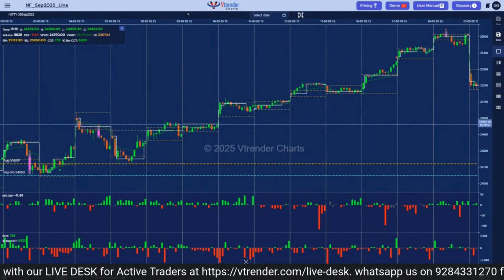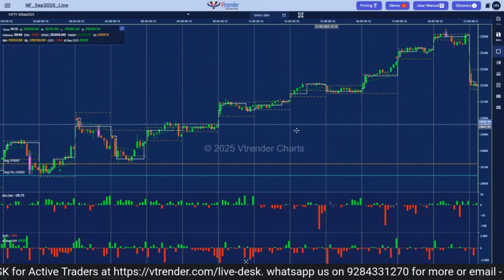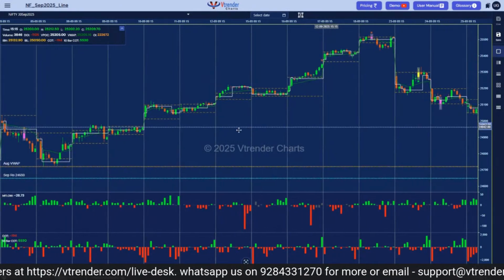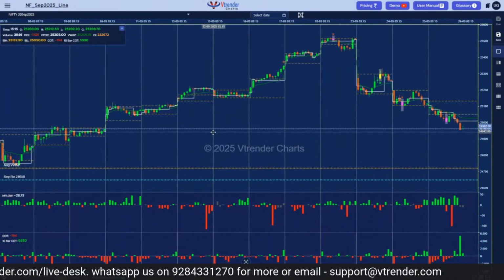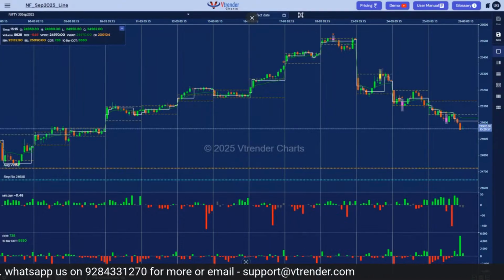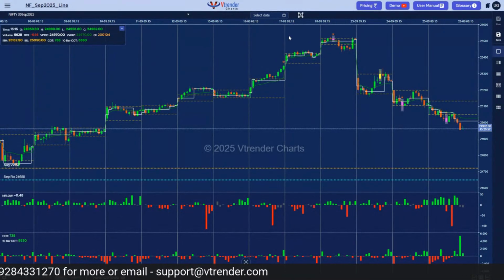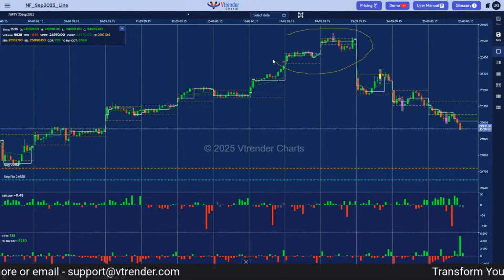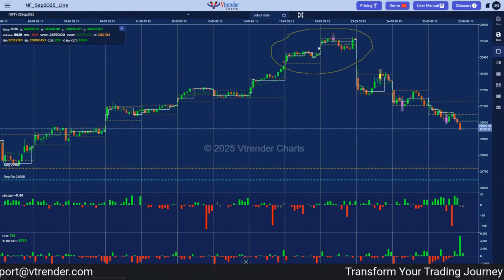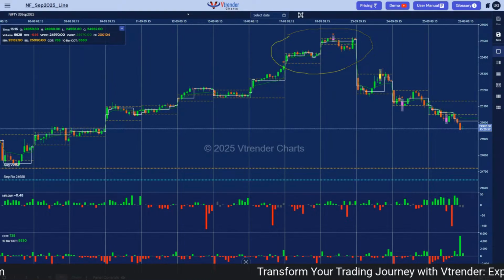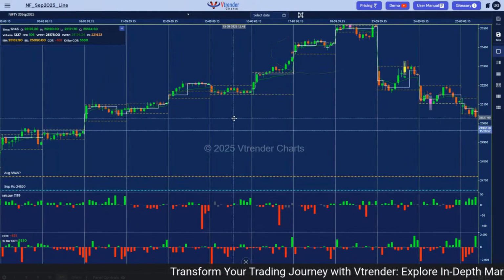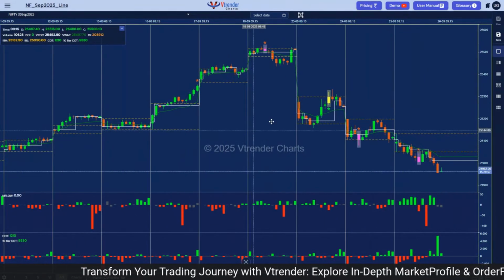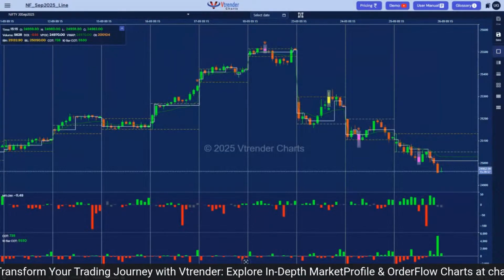And then what happened after the 17th was a change in the auction character. So on 18th of September, we made new highs, and you can see how these new highs got in the first IS30.